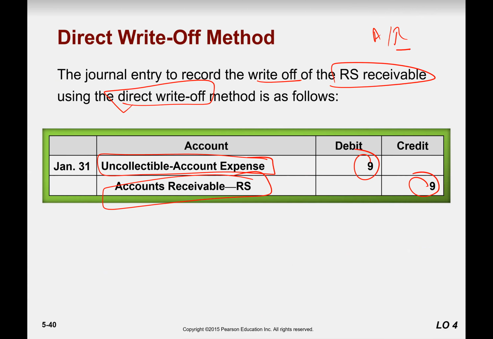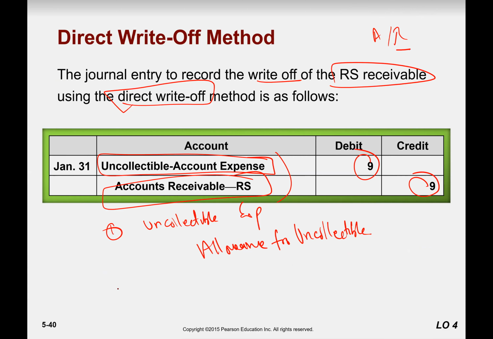In the indirect method, which is the allowance method, the entry is going to be in two parts. Number one, we make a prediction. First of all, uncollectible expense to allowance. And then we charge the actual write-off to allowance.